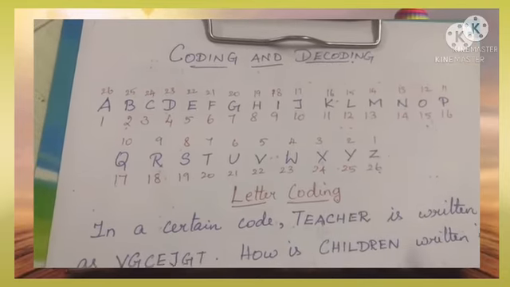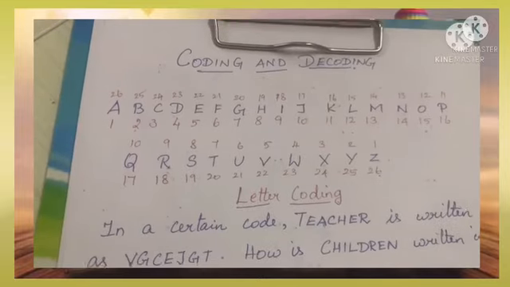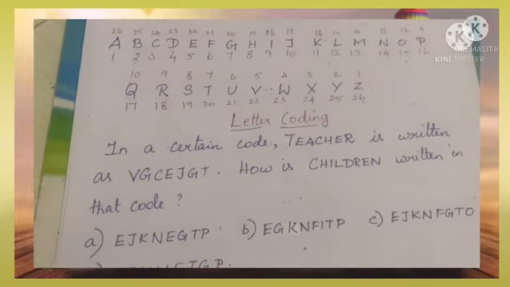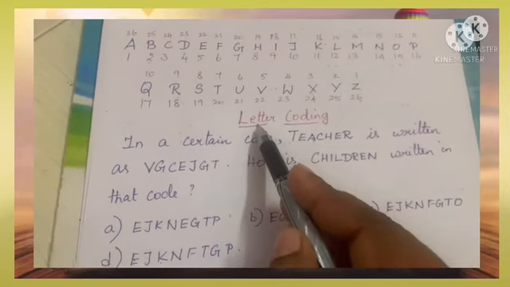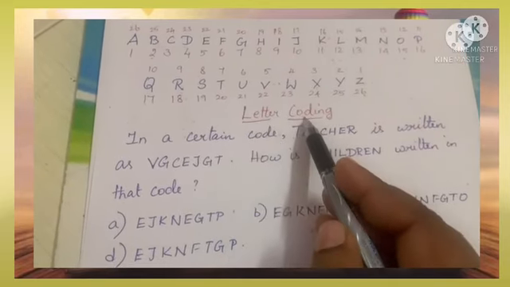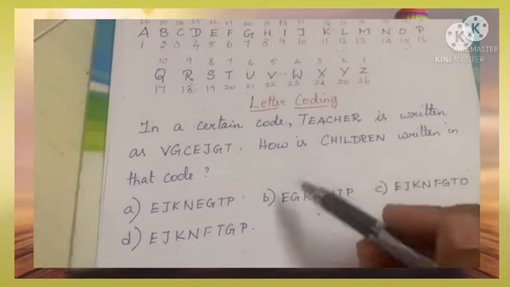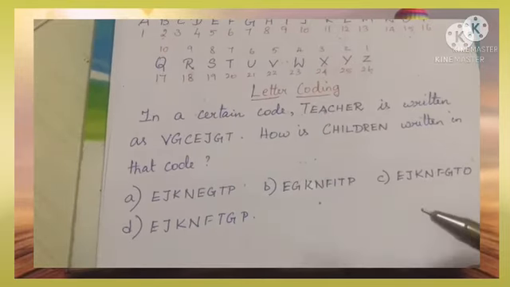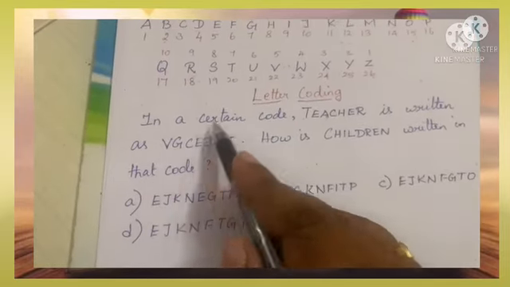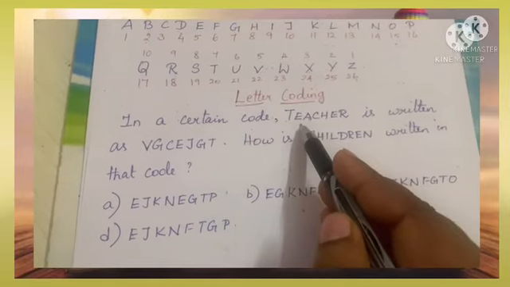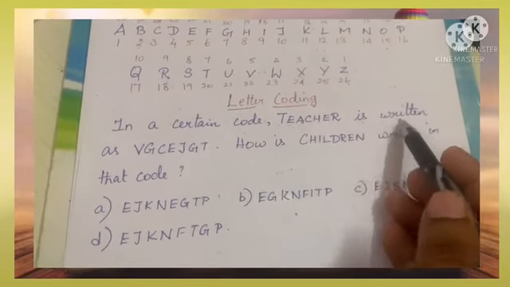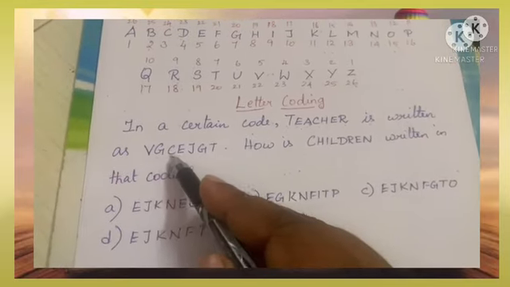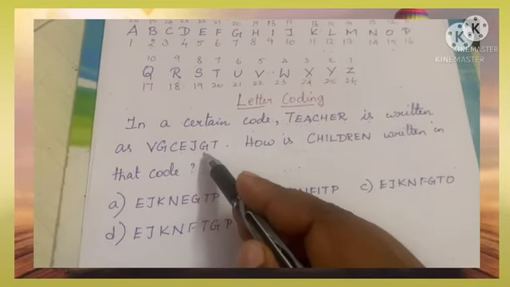Okay, now we have some 6 to 7 topics under this decoding and coding. But now we are going to see only about letter coding, how the letters are being coded. For that I have taken an example here. In a certain code, TEACHER is written as VGCEJGT.